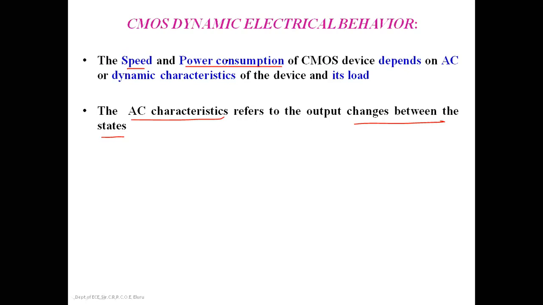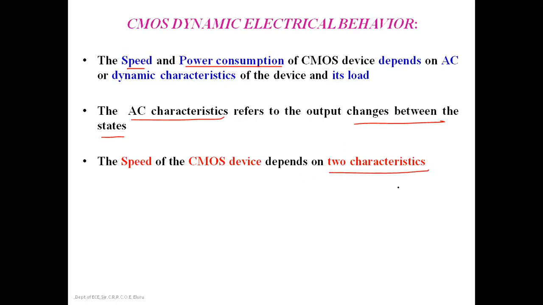Now the speed of the CMOS device again depends on two characteristics. The speed is one of the dynamic characteristics of the CMOS, and it depends on the transition time and the propagation delay.